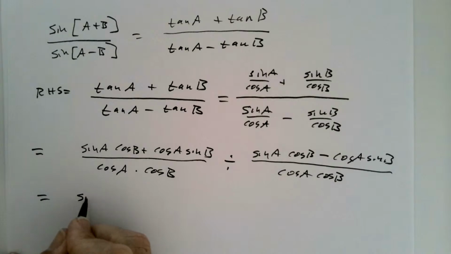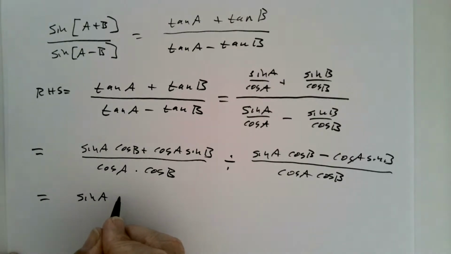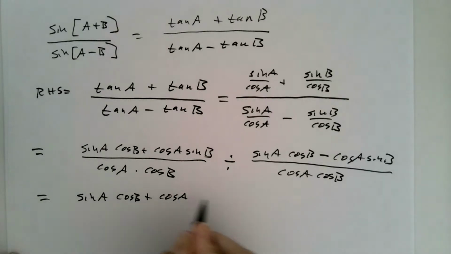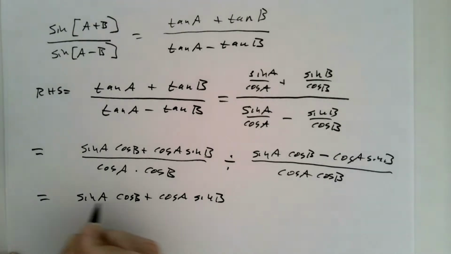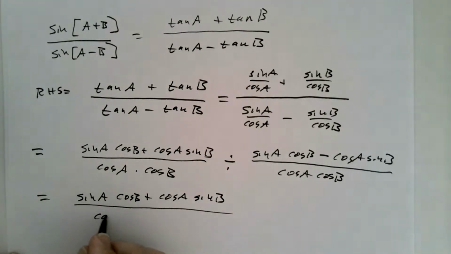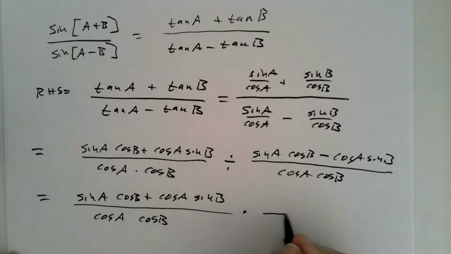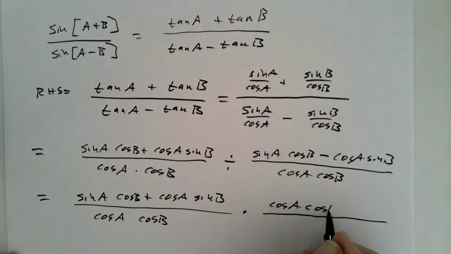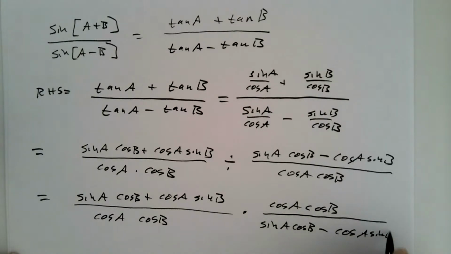Invert and multiply: sine a cos b plus cos a sine b over cos a cos b, times cos a cos b over sine a cos b minus cos a sine b. And you'll notice that the cos a cos b's cancel.